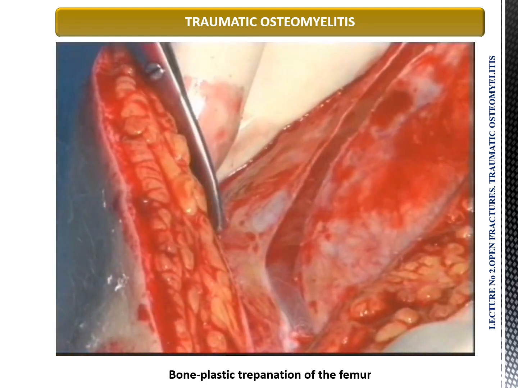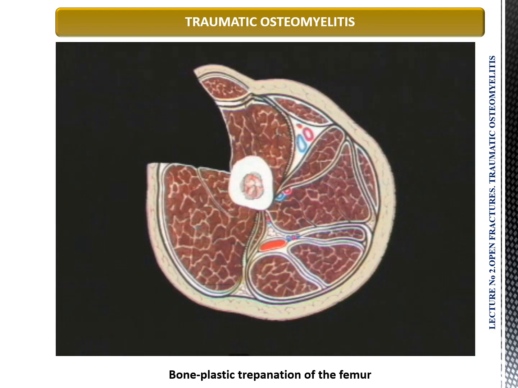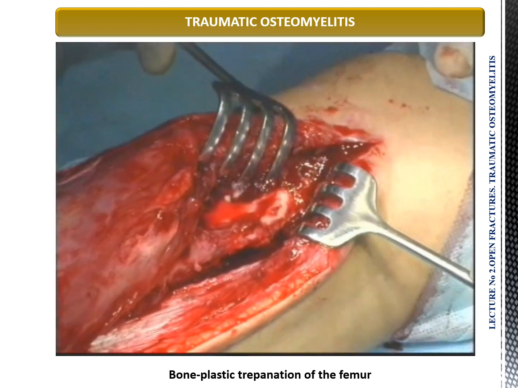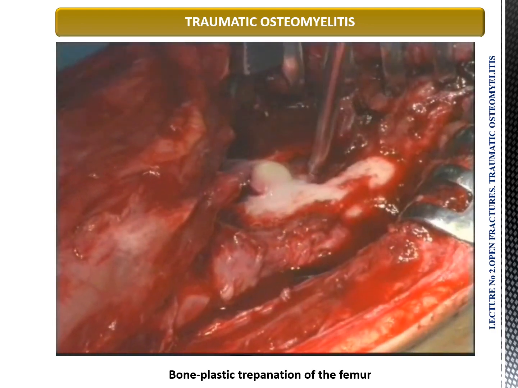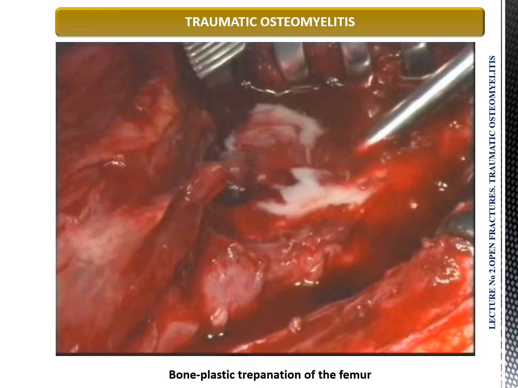We shift the rectus and vastus medialis muscles. The vastus intermedius muscle is delaminated. During the revision of the wound, the flow of pus from the parosteal space and the bone marrow canal is visible.